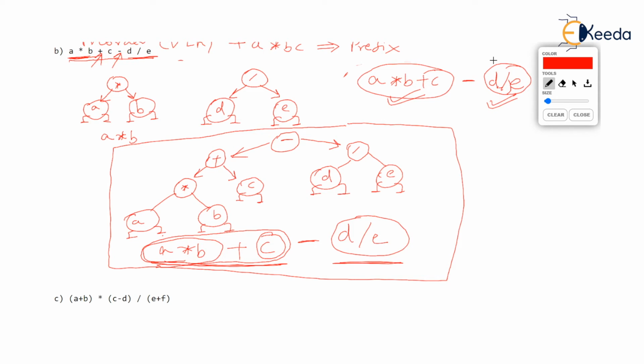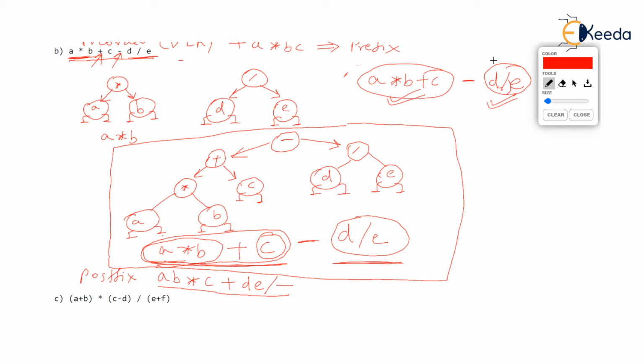Just perform pre-order and post-order, you will get prefix and postfix notations. I am not performing it, but it is confirmed that if you do post-order, then you will get A, B star, C plus D, E slash minus, which is nothing but postfix.